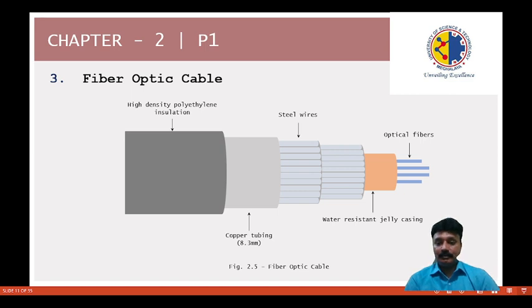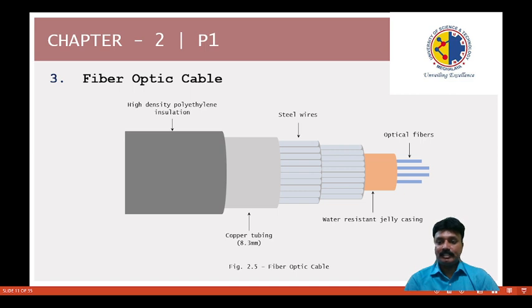Binary signals travel from one place to another in any kind of data transmission. So how do the lights take care of data transmission? That is in the form of binary. If the light is on, that is said to be one. If the light is off, that is said to be zero.